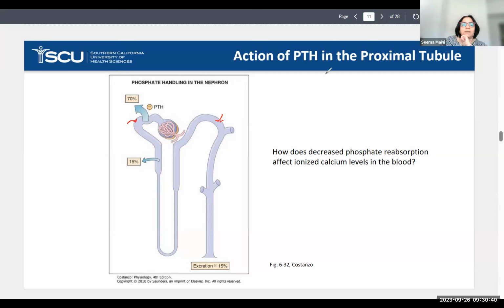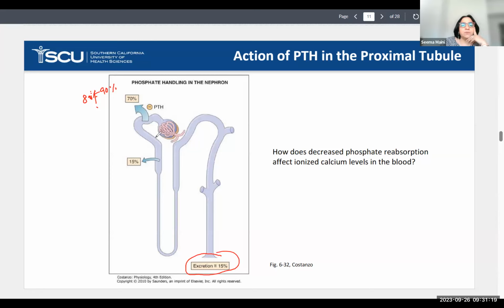What does it do? It acts on the PCT, and it decreases reabsorption of phosphate ions. If there was no PTH, then there would be maybe 80 to 90% reabsorption of phosphate ions. Under the influence of parathyroid hormone, only 70% of phosphate ions are reabsorbed, and it lets at least 15% of phosphate ions go.